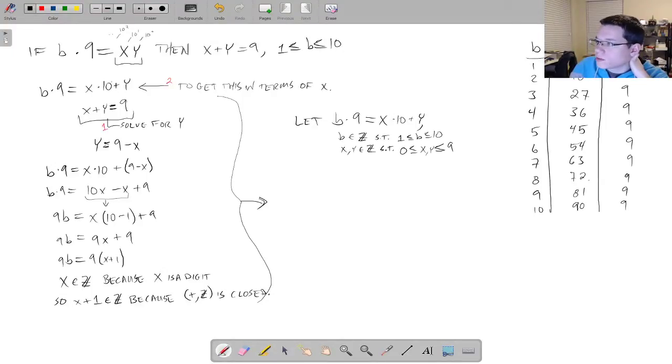We have to start here because we have to end up with a statement of equality and show that it's not true. So we'll start with x plus y does not equal 9.